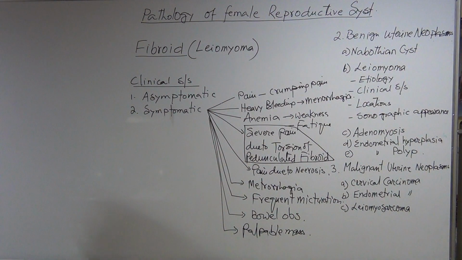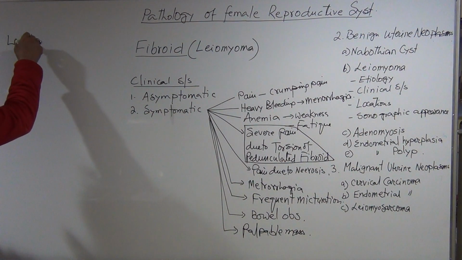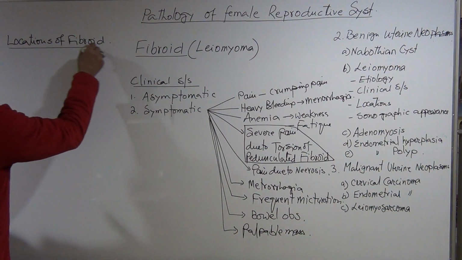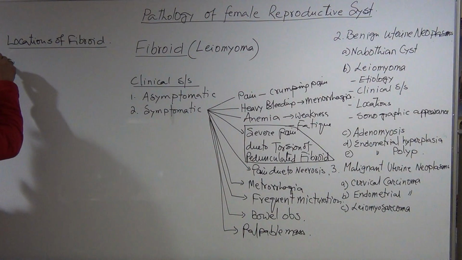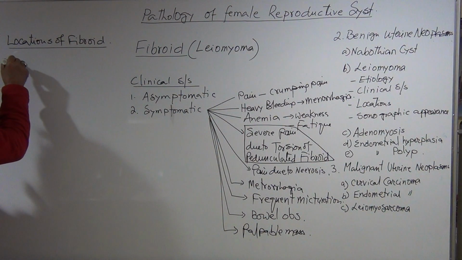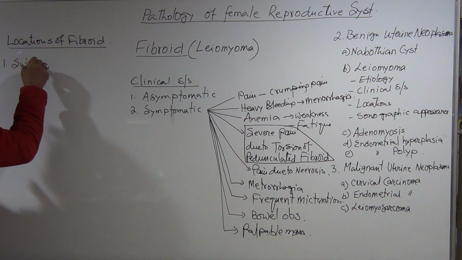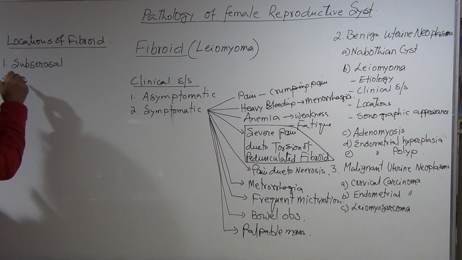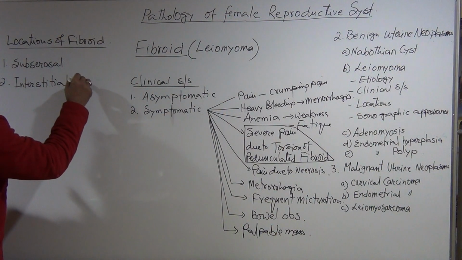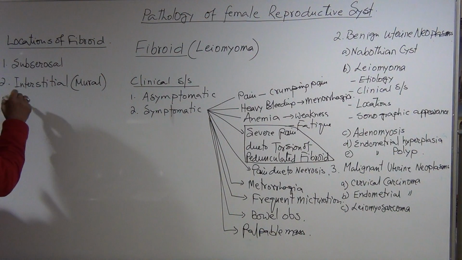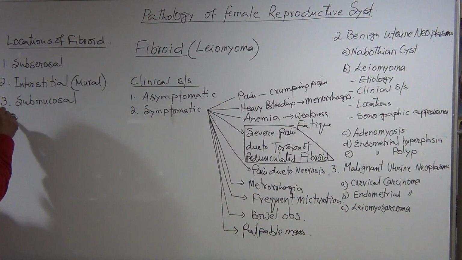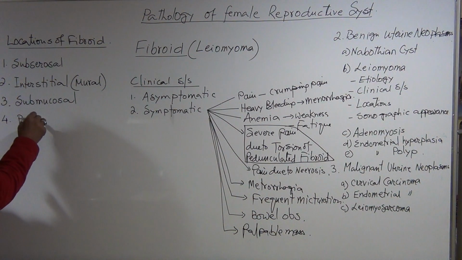I will draw the location here. So the location could be subserosal, interstitial, we call it mural, submucosal, that is under the endometrium, and pedunculated.